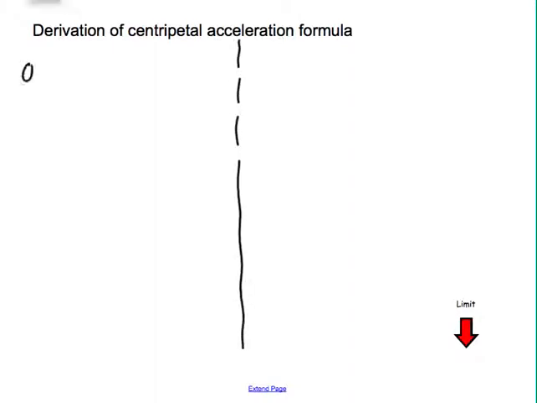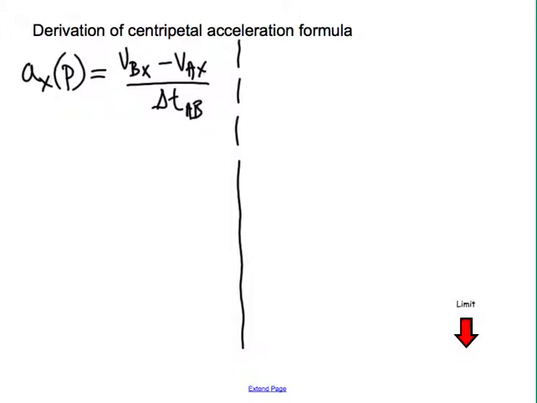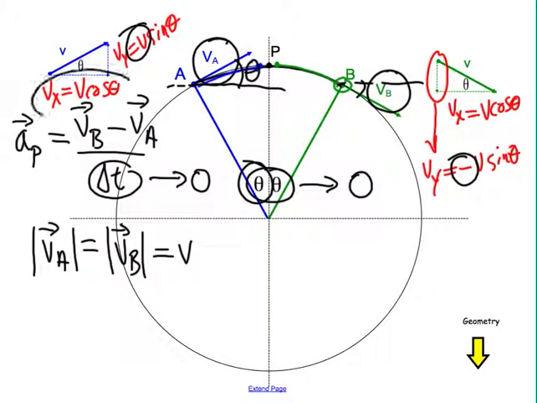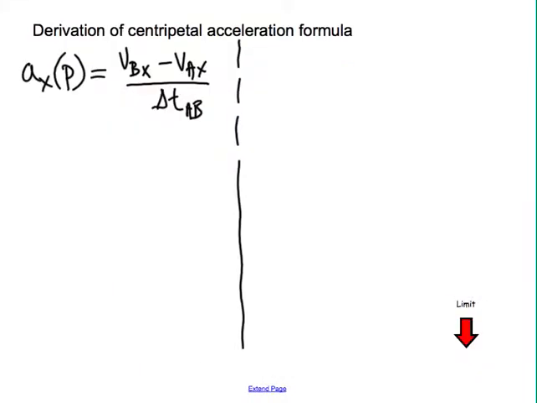Over here we're going to calculate the acceleration in the x direction at point P. That will simply equal the change in the x component, which will be v bx minus v ax, divided by the time it takes to go from A to B. But we already found that v sub x for A is v cosine theta, and it's the same thing at point B. So this is just v cosine theta minus v cosine theta divided by delta t, which means it's 0.